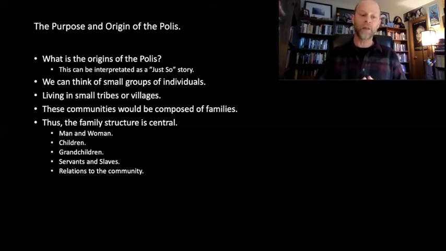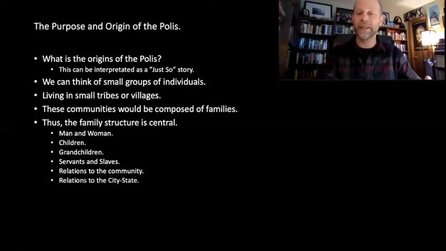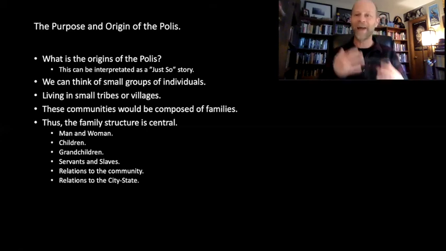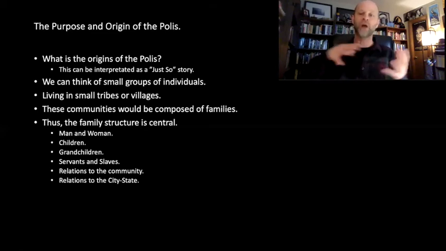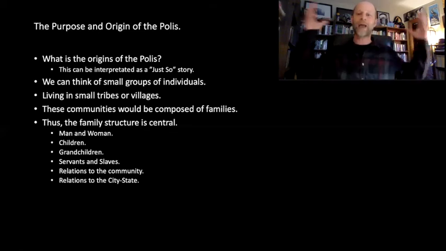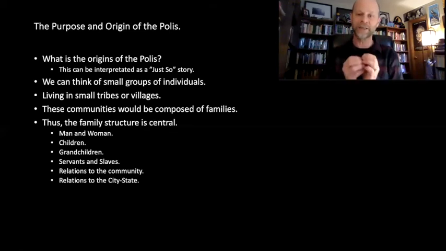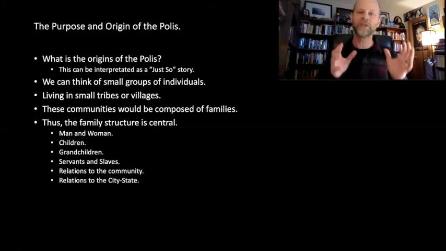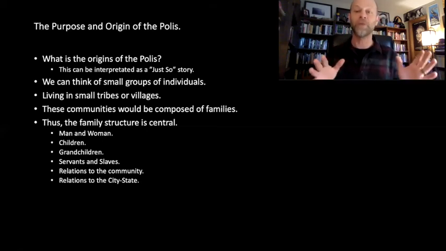Finally, the community grows even larger to encompass a city state, a general government. So you once again have these different hierarchical relationships throughout the different levels of the city state itself. And this all balloons out from the basic center being the family. Or another way of putting that, the household, the relationships that exist amongst the members of a household.